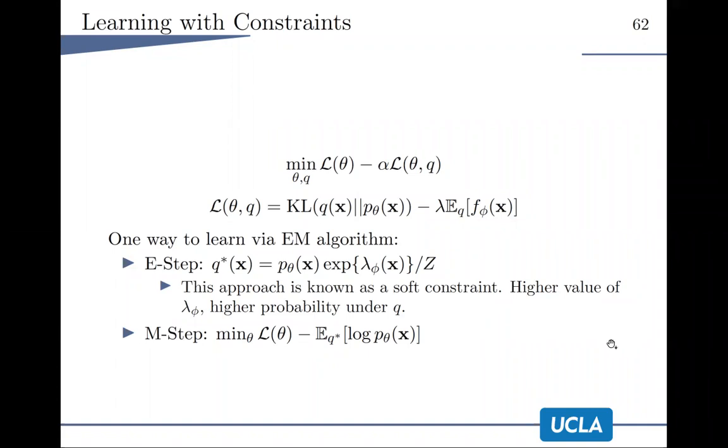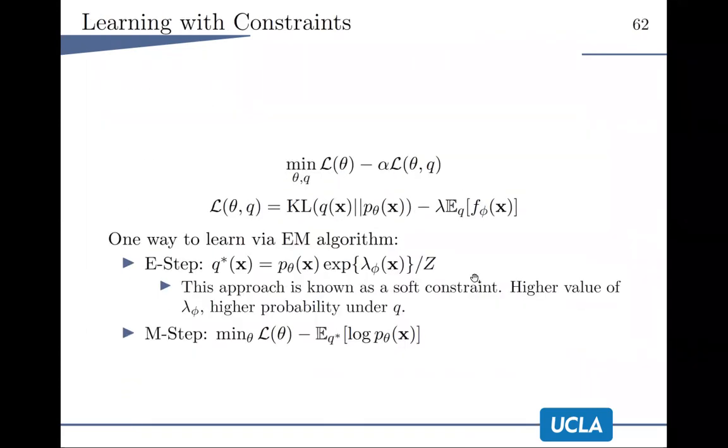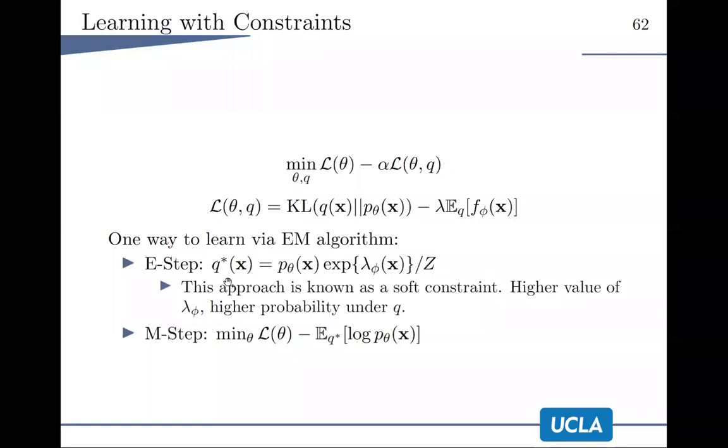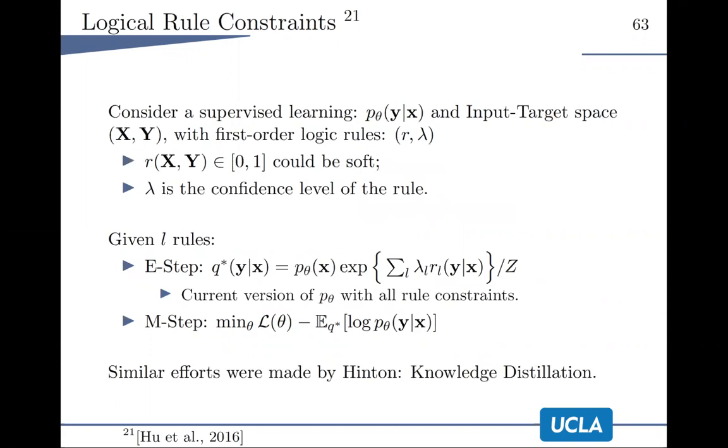I think it's because of the higher value of lambda phi and the higher probability under Q. So it's generally a soft constraint, which means that it's not hard. It allows some soft adaptation.